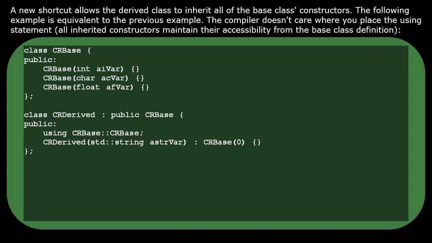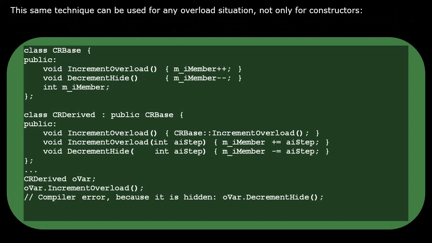The compiler doesn't care where you place this using statement because all inherited constructors maintain their accessibility from the base class's definition. This same technique can be used for any overload function, not only just for constructors.